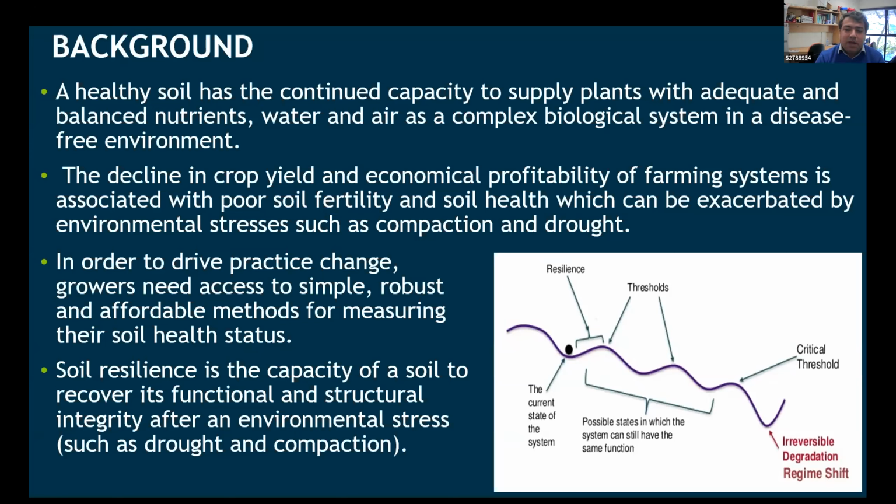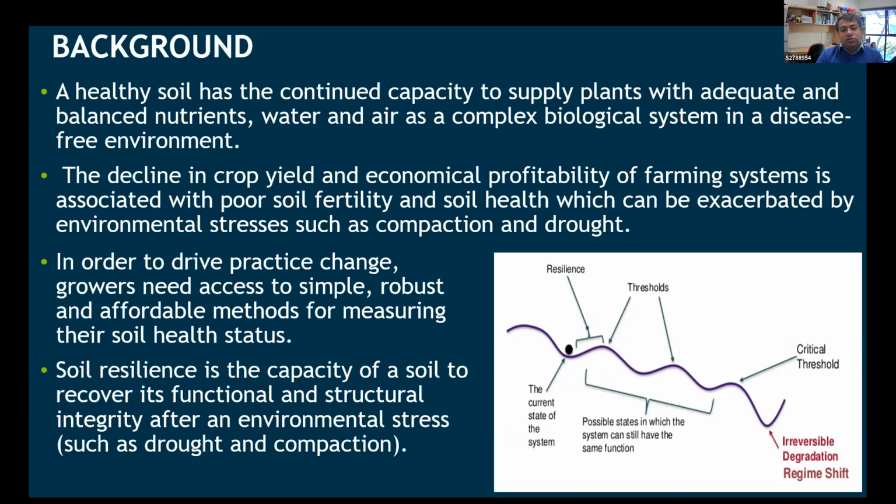As you know, the definition of a healthy soil is a soil that has the continuous capacity to provide optimum amounts of nutrients, water, and air for growing plants and provide a disease-free environment for the cropping systems.